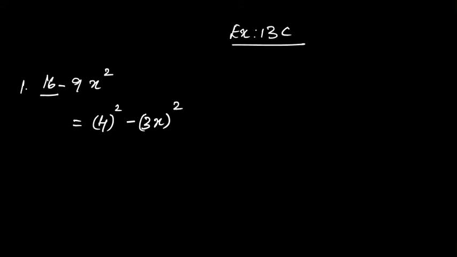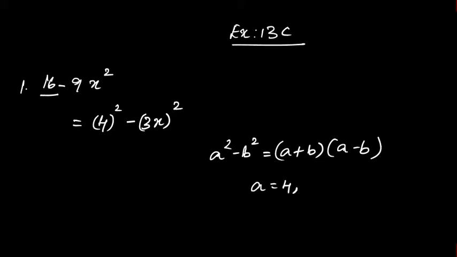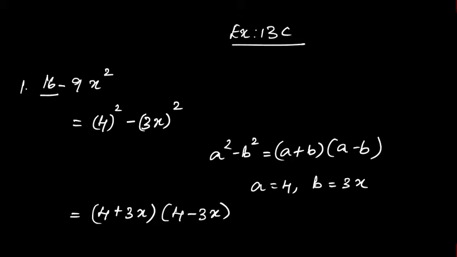So we have a formula, that is a square minus b square is equal to a plus b into a minus b. So here your a value is 4 and b value is 3x. So substitute in the formula, we get 4 plus 3x into 4 minus 3x.